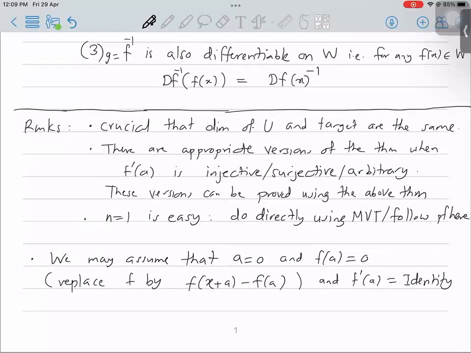Suppose the derivative of a function at some place is 3, just an ordinary real valued function of one variable. If it's 3, if I want the derivative to be 1, it's very easy. I just scale the function by multiplying by 1/3. So here it's the same thing. Replace f by f prime of a, the whole inverse, times f.